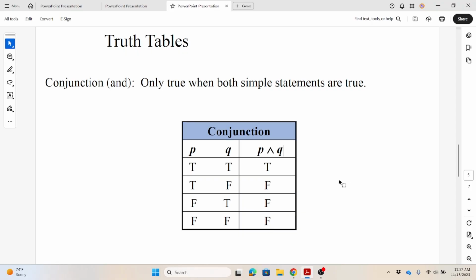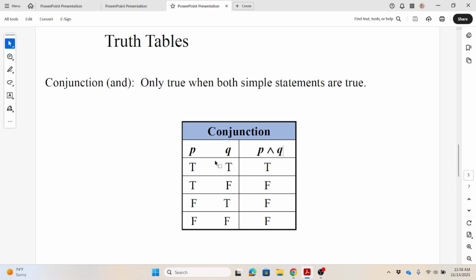I'm going to give you an example. Let's say one of the statements is the pen is red, and another statement is it's 9 a.m. If the pen is red is true, and it's 9 a.m. is true, then the conjunction, the pen is red and it's 9 a.m., is supposed to be true.